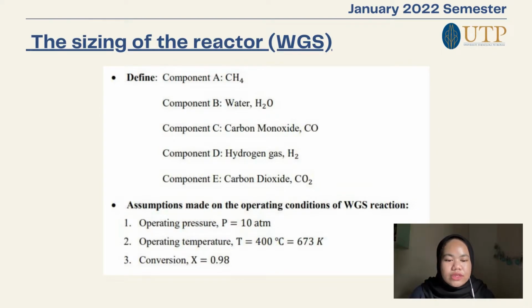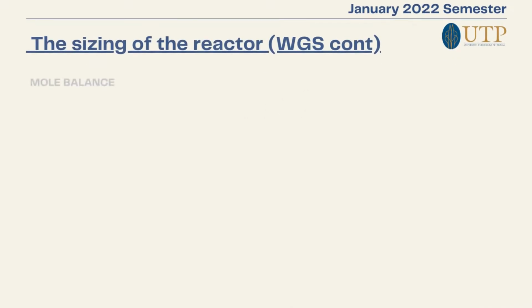Assume that the WGS reaction operates at 400 degrees Celsius and 10 atm with a conversion of 98%. By taking the outlet flow of SMR as the inlet flow of the WGS reaction, the calculations of the 5-step method are as follows.